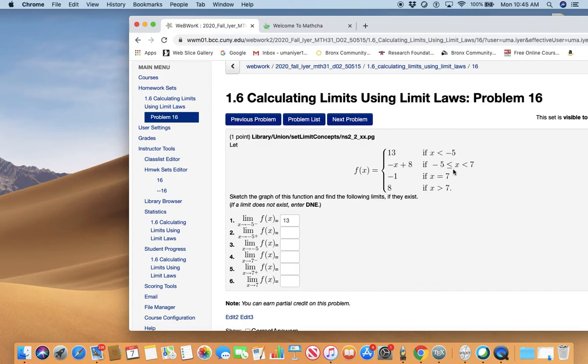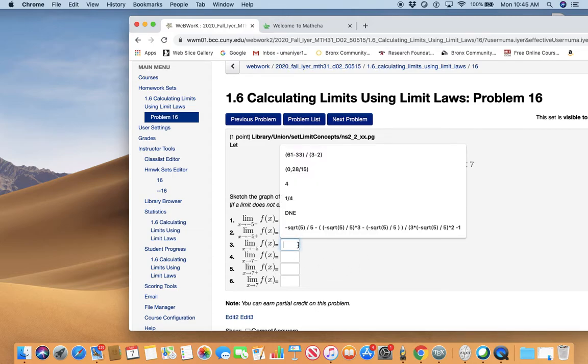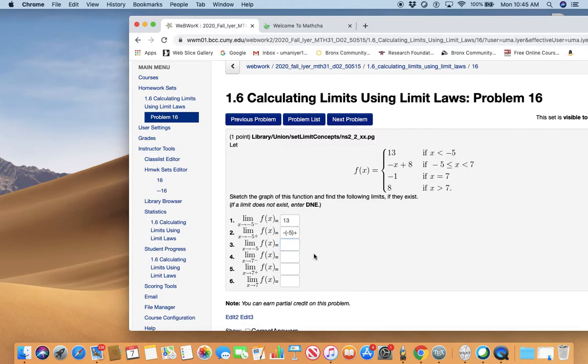So I'm now going to plug in negative 5 into this rule. So it is negative of negative 5 plus 8. I hope it's clear. Now I don't know whether they agree. What do we think? 8 plus 5, 13. They will agree, so it is 13.